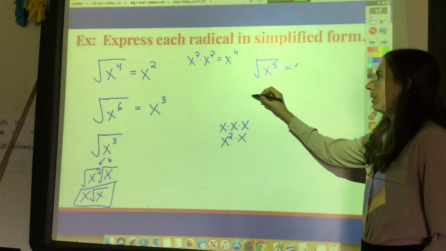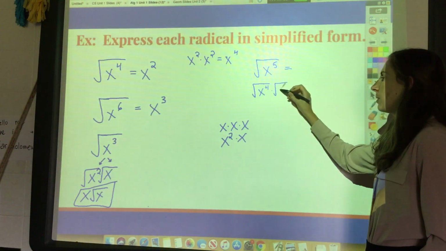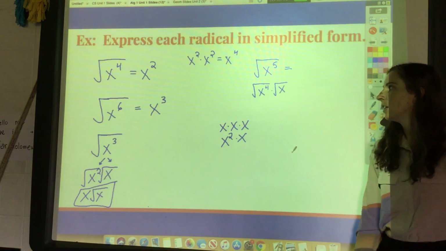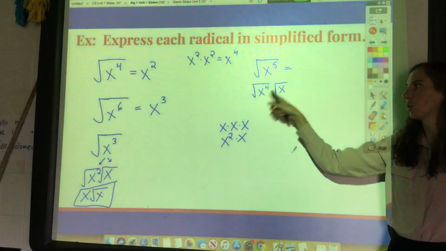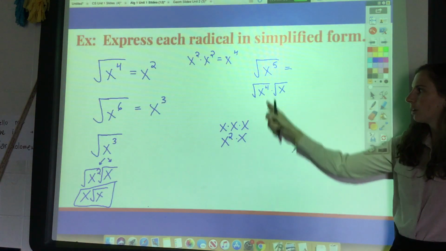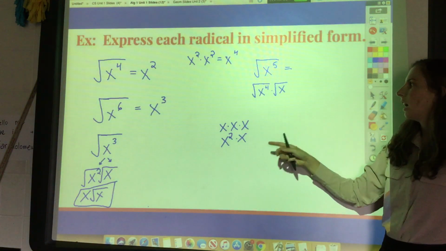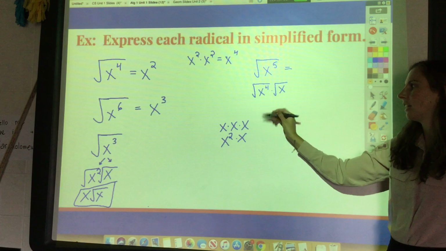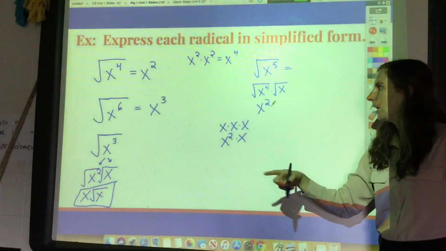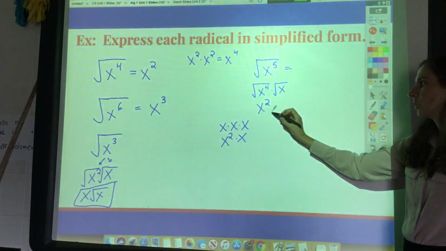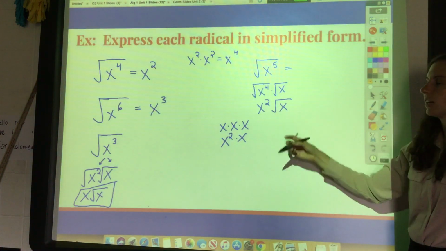One way to do it would be to split it into x to the 4th times an extra x, because 4 plus 1 gives you the 5, so that's x to the 5th, just broken up. The reason I went with x to the 4th is because 4 is something that divides by 2, basically. The square root of x to the 4th is x squared. We already talked about that. Again, this little square root of x won't simplify. We can just leave it as it is, and that would be my final answer.